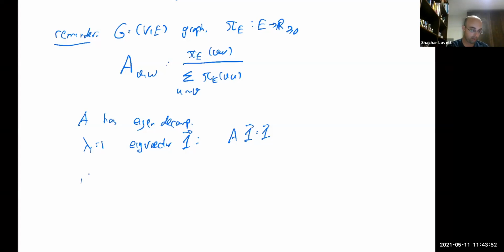So if f is now a function from the nodes to R, then Af at a node V is the average of f when we choose a random neighbor of V. And again, the probability is weighted by the weight of the edge. And so we've seen it last time, so this is just a very quick recap.